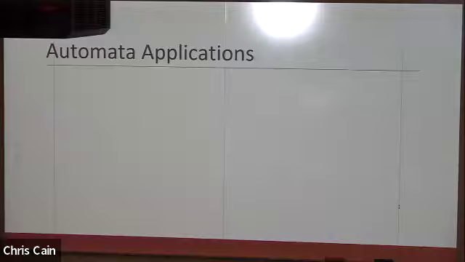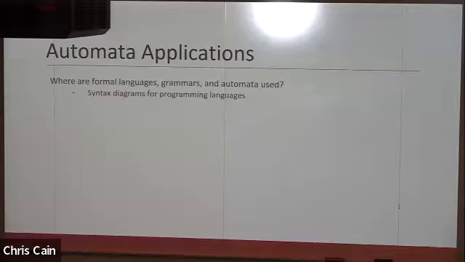Where do we see these things? So where is everything we've talked about in the slide deck so far, formal languages, grammars, and automata, where are they used? What's the point of studying them? Any syntax diagram for a programming language, this is used at the theoretical or creation step. Or if you want to create a new compiler for an existing language, there's nothing that says that the existing compilers that are out there for those languages are the best or most efficient compiler for a particular use case for that language.